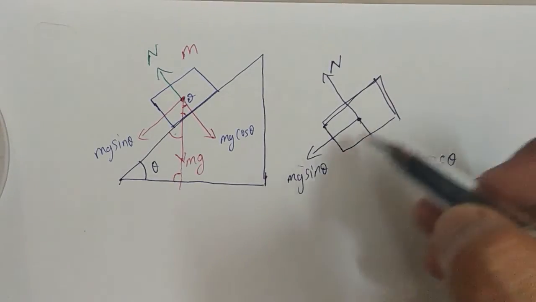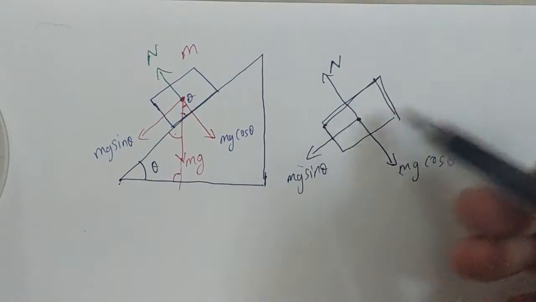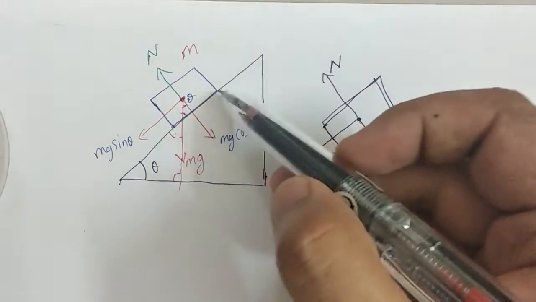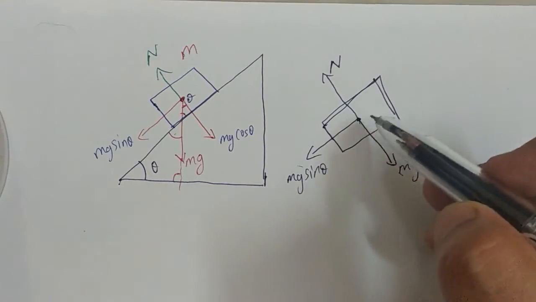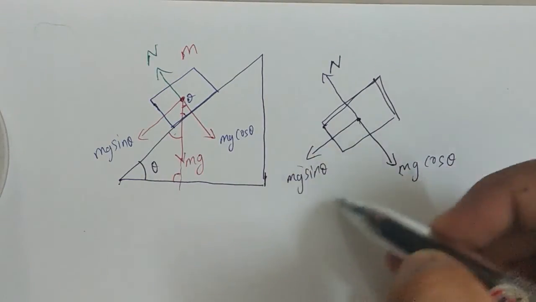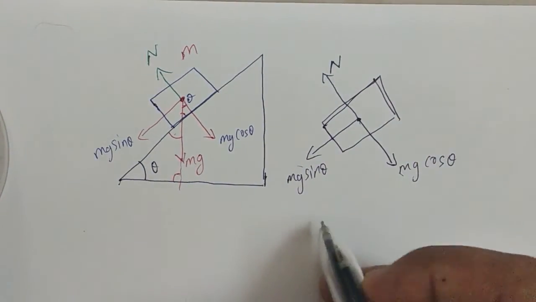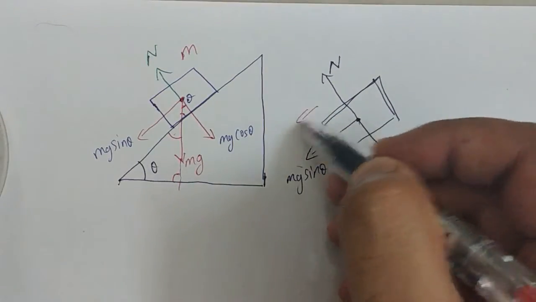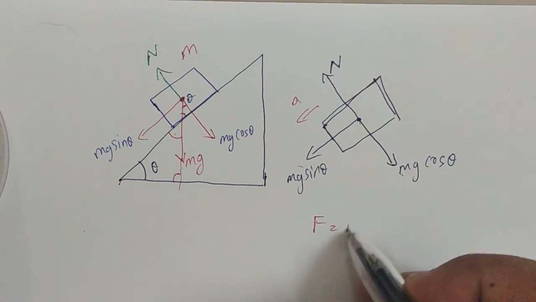Now you can see that the block is experiencing only the force in this direction because the inclined plane is smooth. We have not considered any friction, so it will try to slide in this direction with an acceleration of g sin theta. This can be found by considering this direction: by Newton's law, acceleration will act in this direction, so net force equals mass into acceleration.